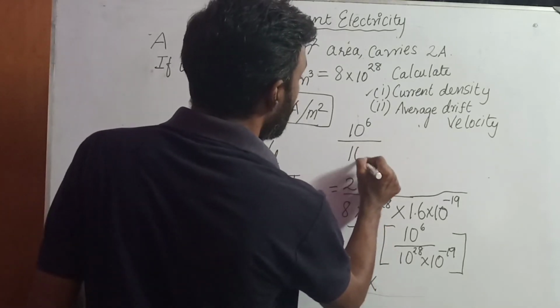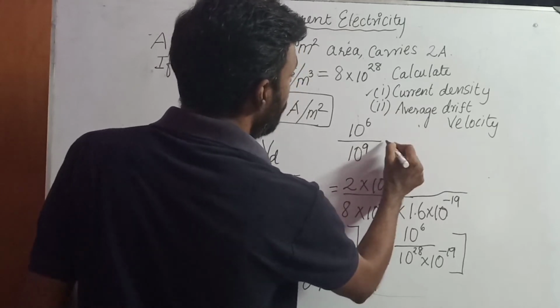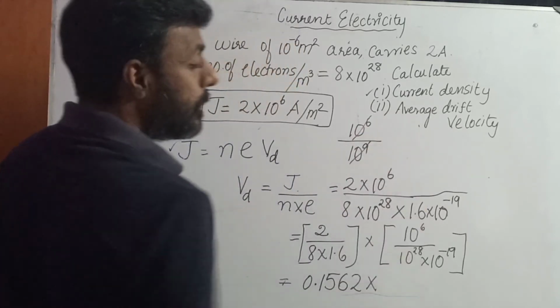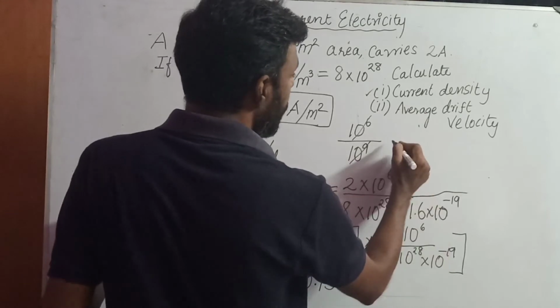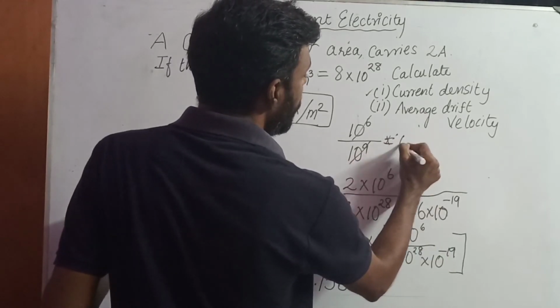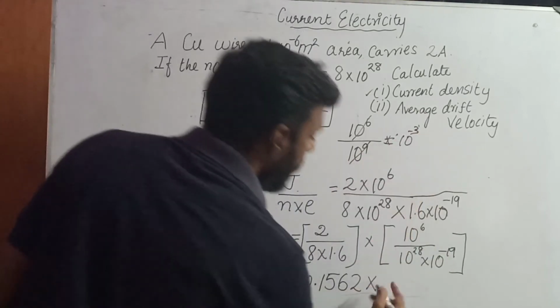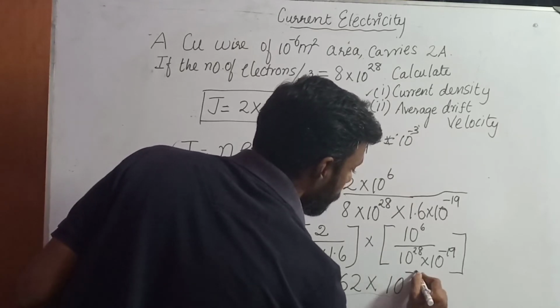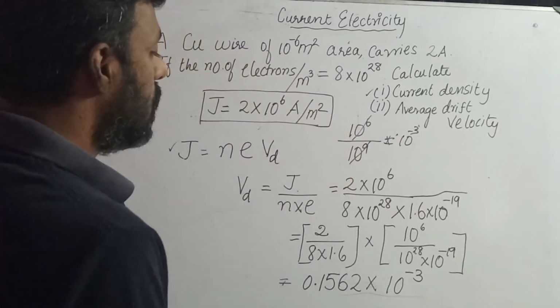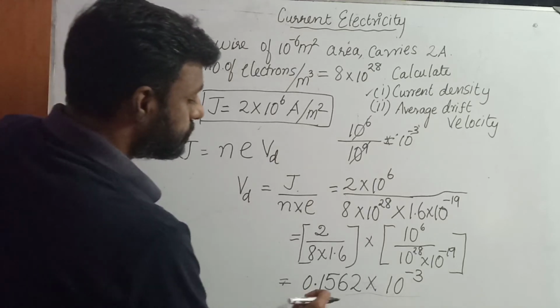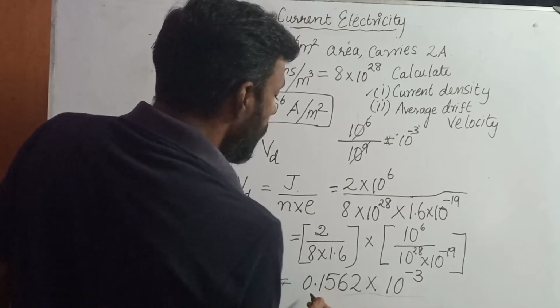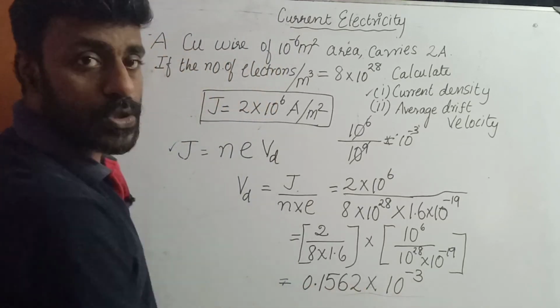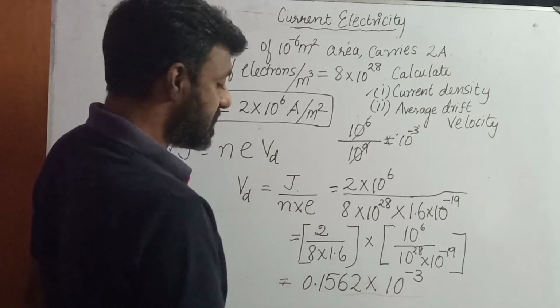Divided by 10 to the power 9 gives 10 to the power 3, and bringing it to this side, it will be 10 to the power minus 3. So this value is 0.1562 into 10 to the power minus 3.